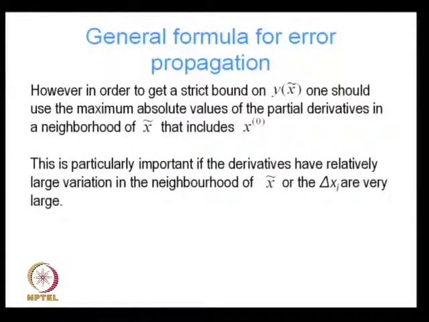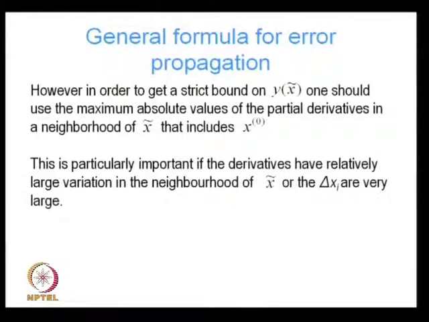In order to get a strict bound of delta y of x tilde, one should use the maximum absolute values of the partial derivatives in a neighborhood of x tilde that includes x 0. This becomes particularly important if the derivatives have relatively large variation in the neighborhood of x tilde or the delta xi are very large.